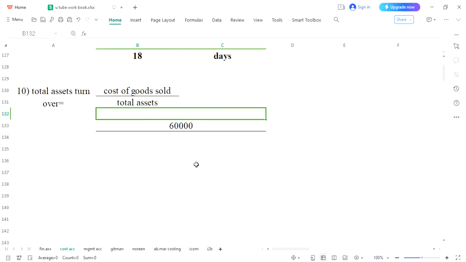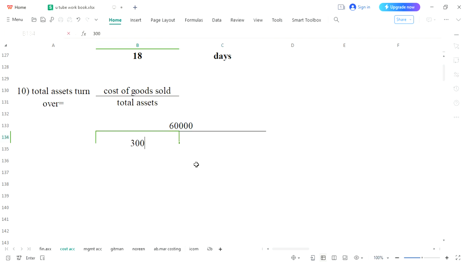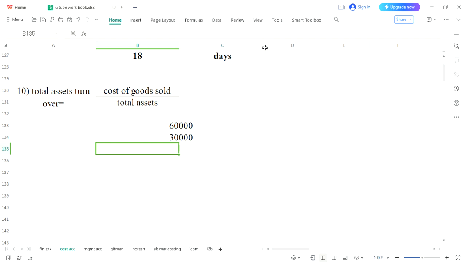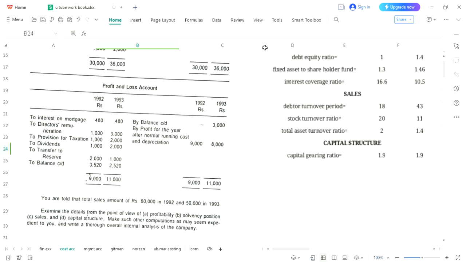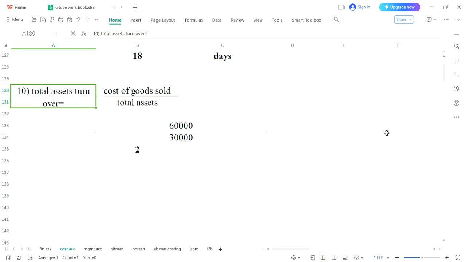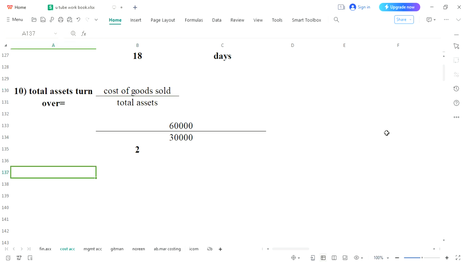So we put 30,000 over here. In this way our amounts have been mentioned. What is 60,000 divided by total asset 30,000? It's 2. So total asset turnover is 2 and our answer is also 2. In this way our 10th calculation is also completed.